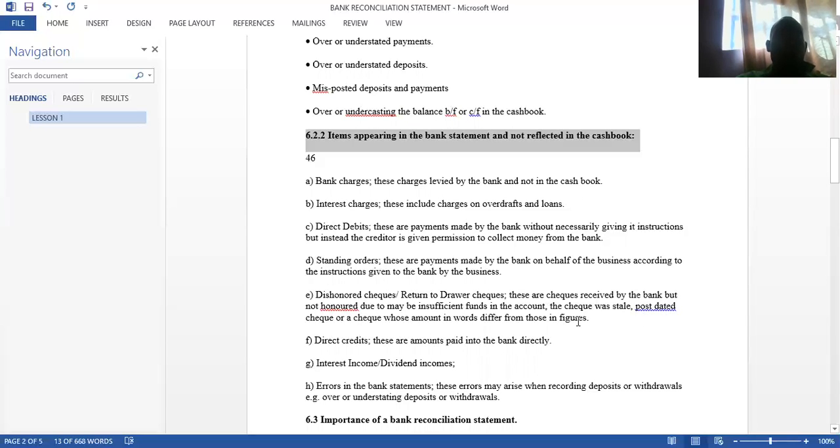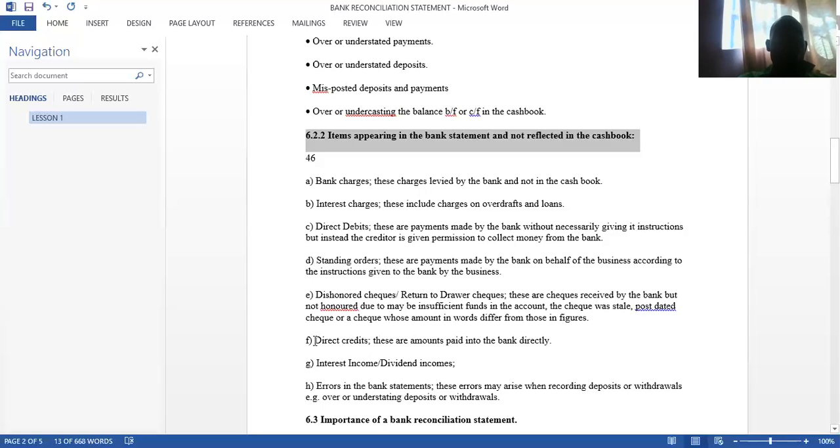The check may not be clear, not legible. Once that check is taken to the bank, the bank does not accept it. And because the moment it was received it was recorded in the cash book, once it is rejected, there is a need to cancel it from the cash book so that these two statements can be identical.